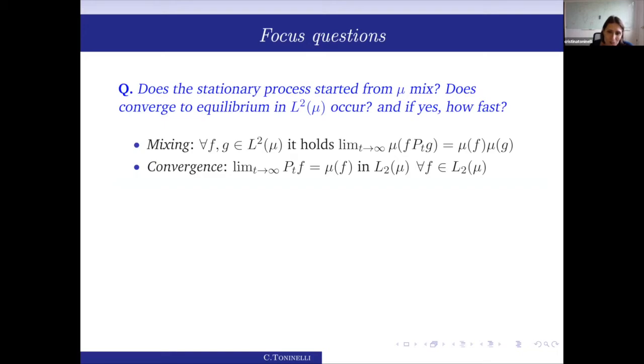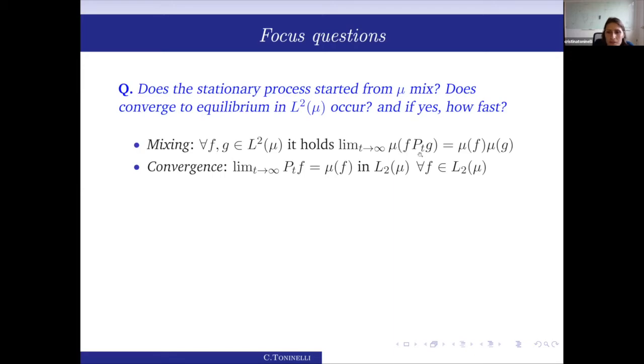So now that we are equipped with all the notions, I'm ready to address the issues that I want to look at. The first issue is what happens if we evolve the process starting from the equilibrium measure. Does the process mix if we start from the equilibrium measure, meaning, do we decorrelate, in the physics language?